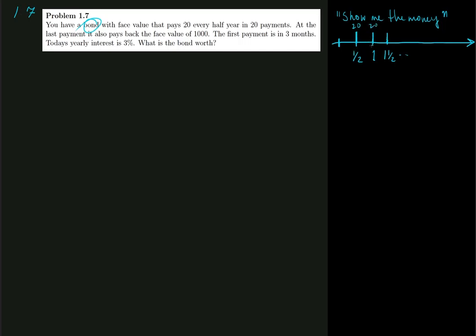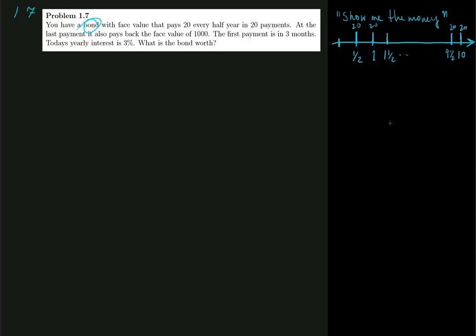So after 2 payments, we have paid at the end of the first half year and then at the end of the first year. So for 20 payments, then we actually continue until year 10, right? And here we have 9 1/2. So here we have 20 payments where it pays 20 every half year.